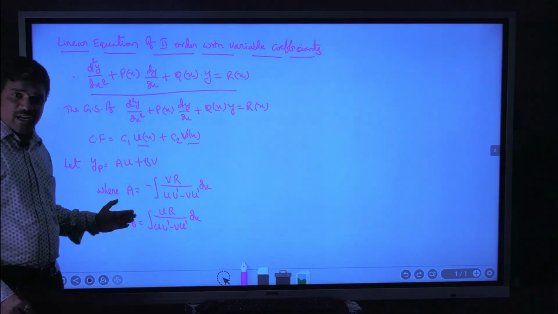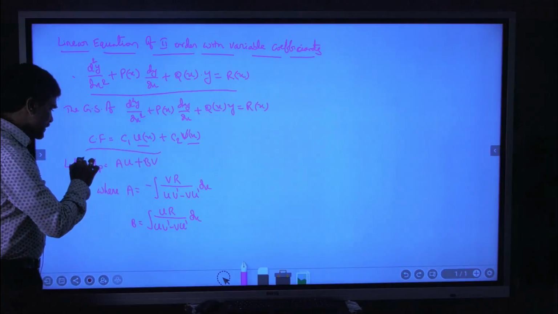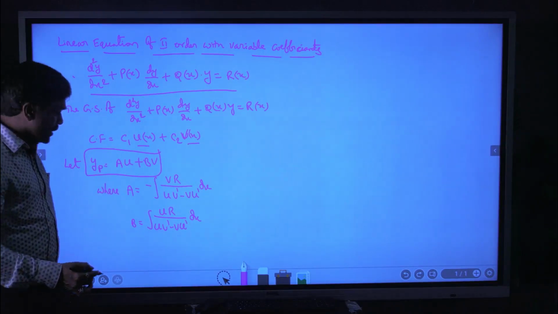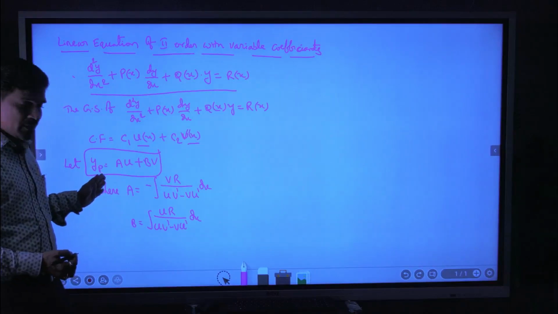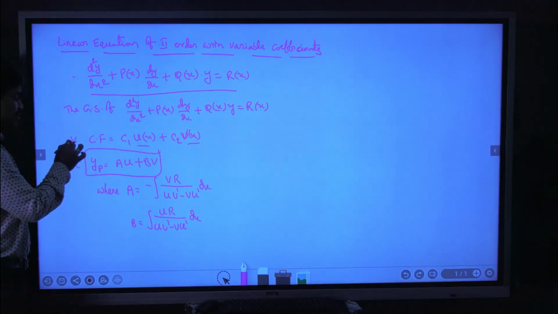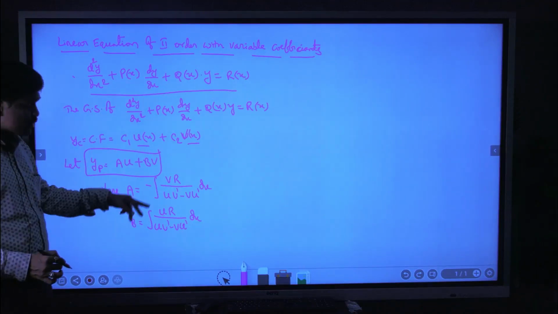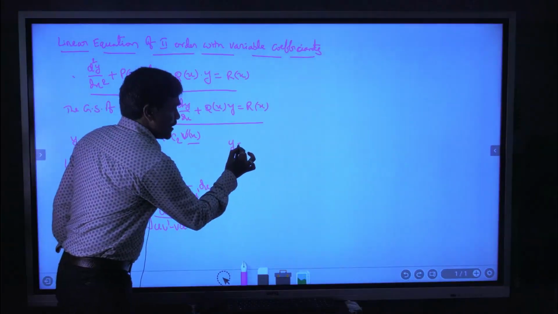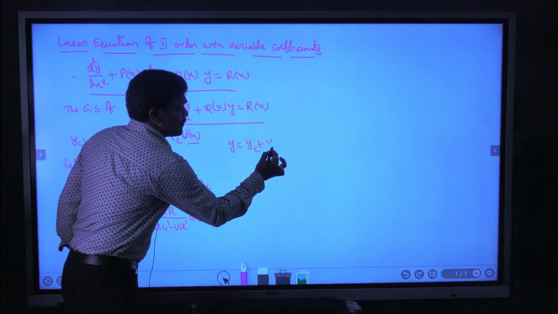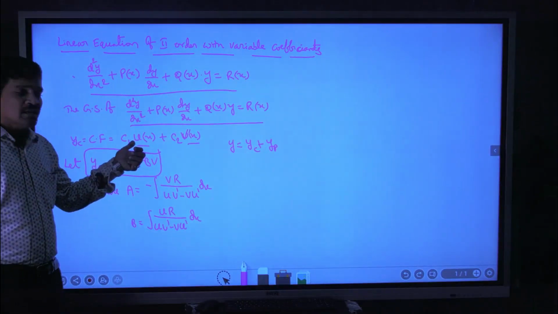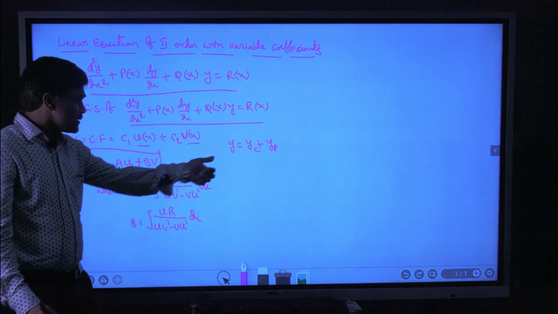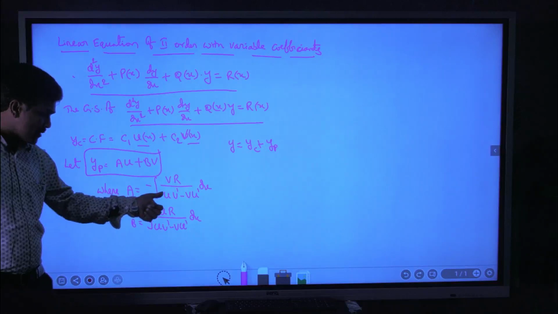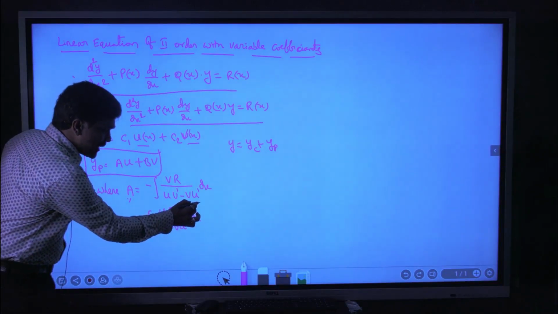After getting these values a and b, substitute in the particular integral yp. Now substituting this we get yp. After getting yp and the complementary function yc, the general solution of this differential equation is y is equal to yc plus yp, that is c1 u plus c2 v plus au plus bv, where a and b are as above.